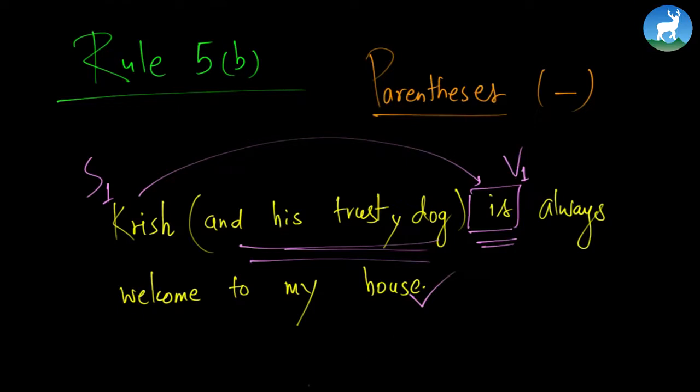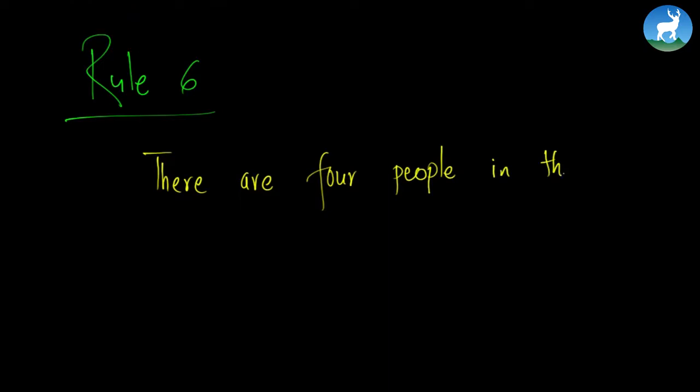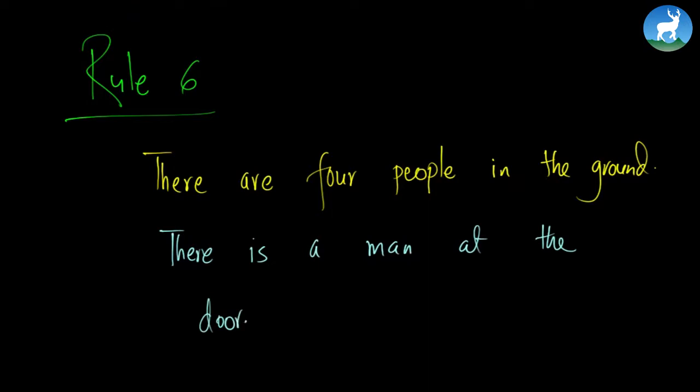Right now, let's go to rule number 6. And what is that? In sentences beginning with "here" or "there," the subject follows the verb. That is the rule. Let's understand what the rule is. "There are four people in the ground." "There is a man at the door." So we use "are" in the first and "is" in the second.